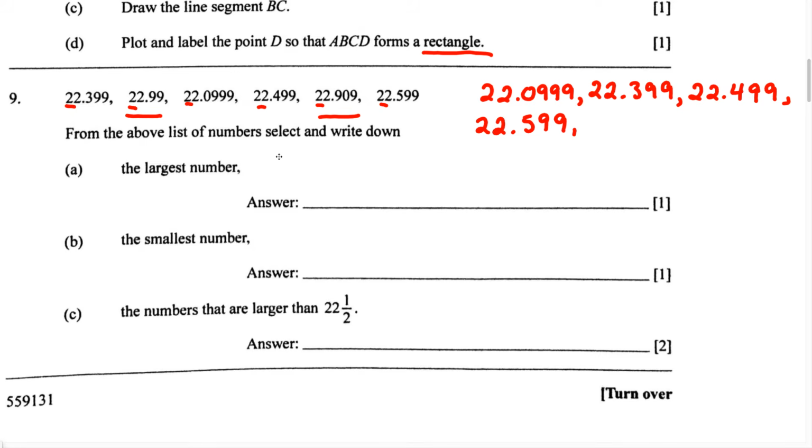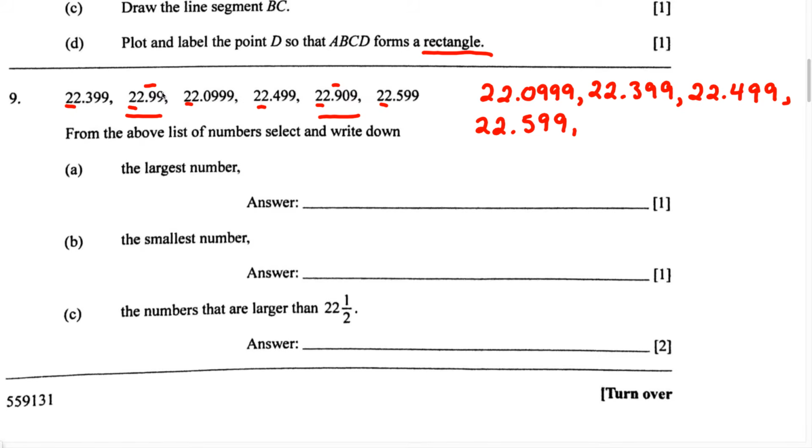And because they have the same digit in the 10th unit, which is 9, we're just going to look at the next digit, which is then going to be in the 100th unit. We can see we have a 9 in the 100th unit for this number, and we have a 0 in the 100th unit for this number. Therefore, this number is going to be smaller because 0 is going to be smaller than 9.